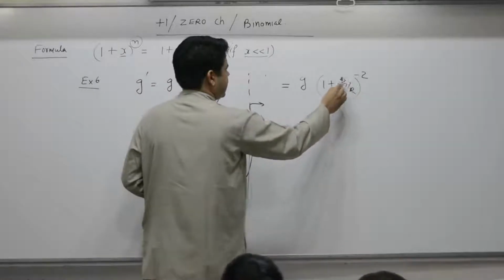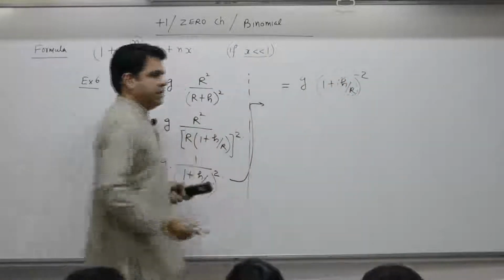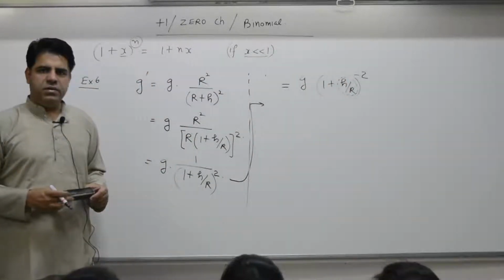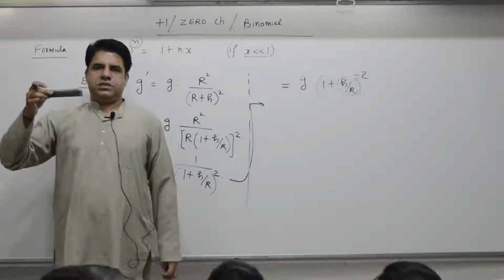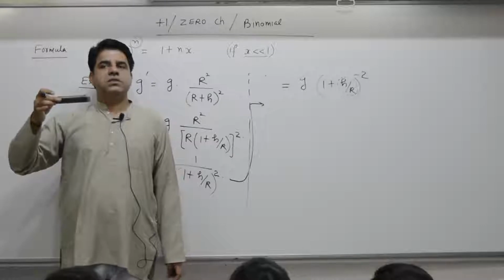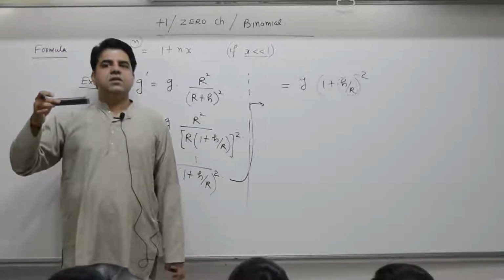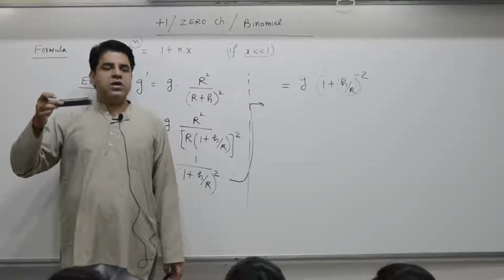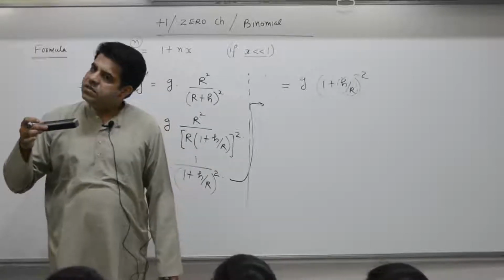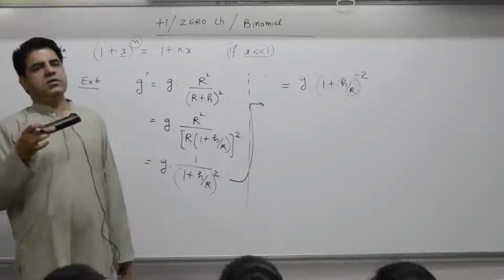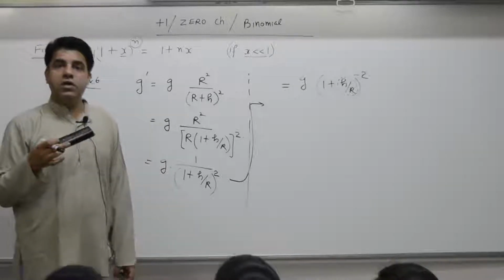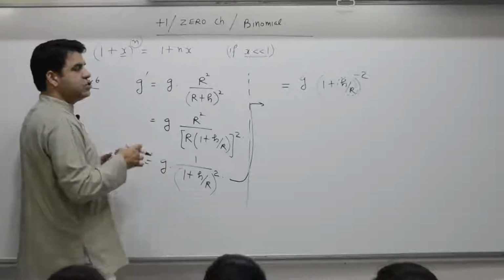This parameter x, h by R, is very small in comparison to 1 or not. Height of this object from the floor is 2 meters. Radius of earth is how much? 6,400 kilometers, and this height is 2 meters only.